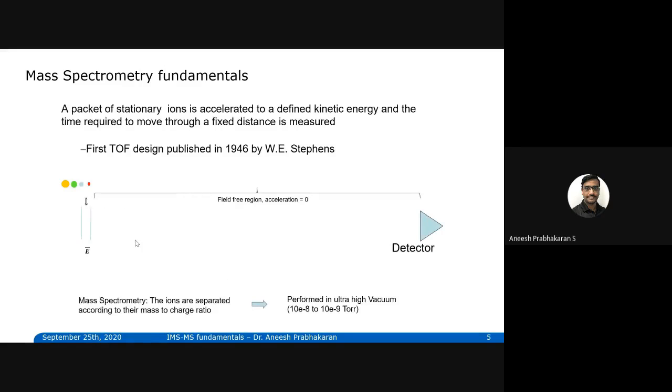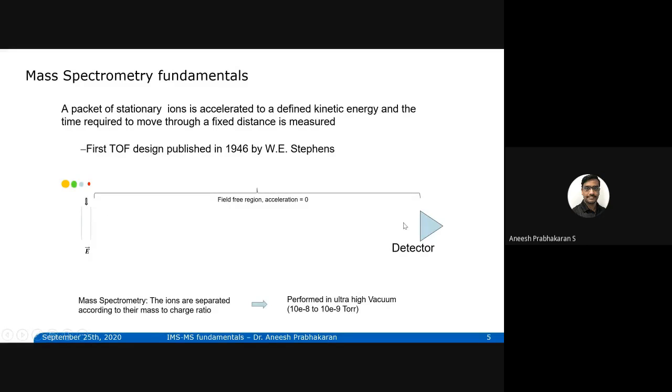So here, this shows 4 different masses. These are ions. In mass spectrometry, we use ions, not just neutrals. We accelerate these 4 ions in this region, where we apply an electric field, and this region does not have any field.